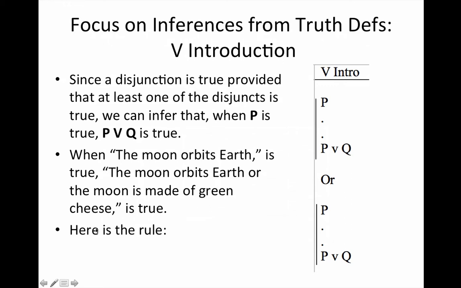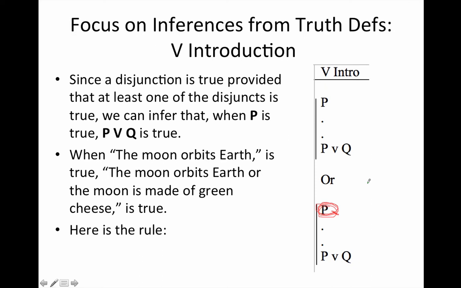Sorry, this is a typo, but rather than go back and fix it, I'm just going to write over this Q. When Q is true, P or Q is true. So again, there are variations on this rule, but what you're getting when you have P and when you have Q are two versions.